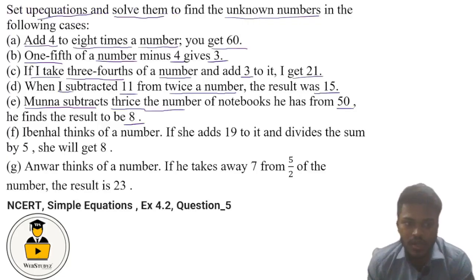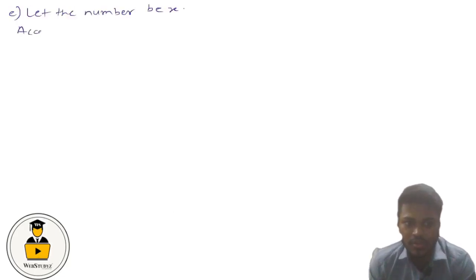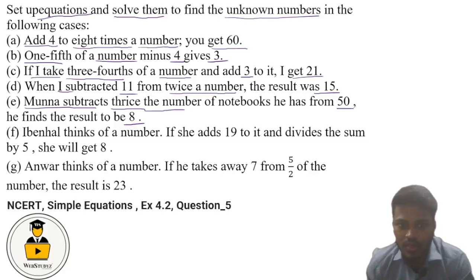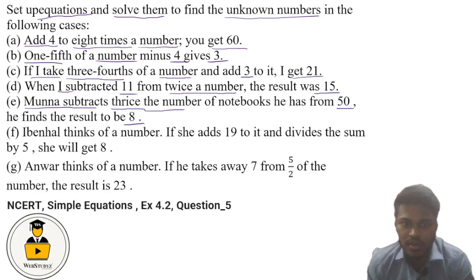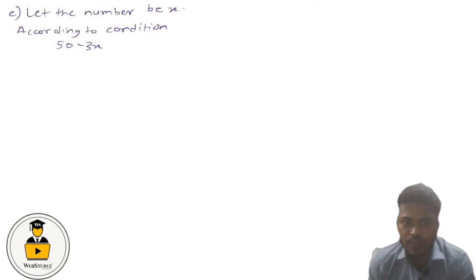So according to the condition, we have been given that Munna is subtracting thrice of a number from 50. So from 50 we have to subtract thrice of the number to get the result as equal to 8. So this is our equation.